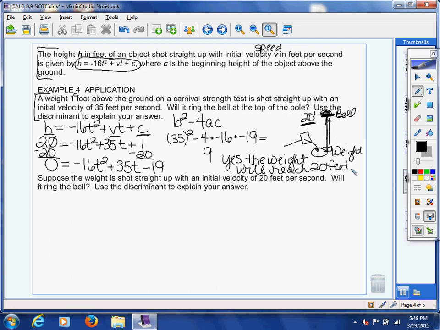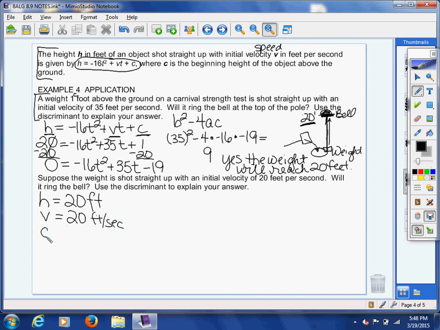Now, in the bottom one, it's the same exact situation, okay? Your height is still 20 feet. That will not change. This time they changed the velocity on you. They said, well, let's slow the hammer speed down a little bit. What if they only swung it at 20 feet per second instead of 35 feet per second?